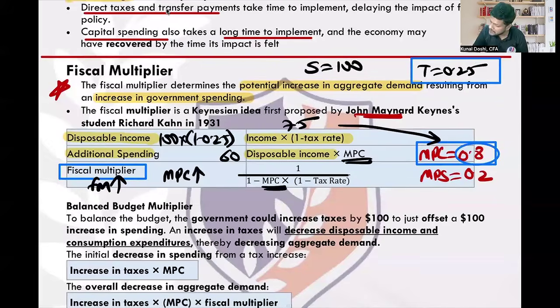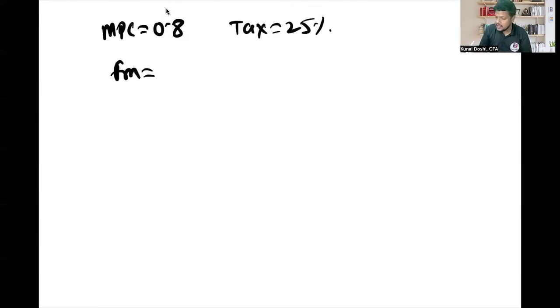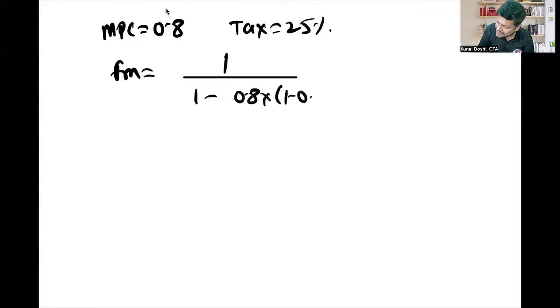Imagine the marginal propensity to consume is 80 and the tax rate is 25%. So my fiscal multiplier will be 1 over 1 minus MPC times 1 minus tax rate. So 1 minus 0.8 times 0.75, inverse, you will get a fiscal multiplier of 2.5 times.